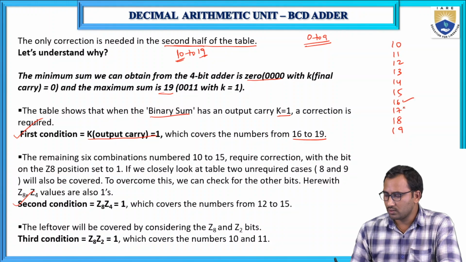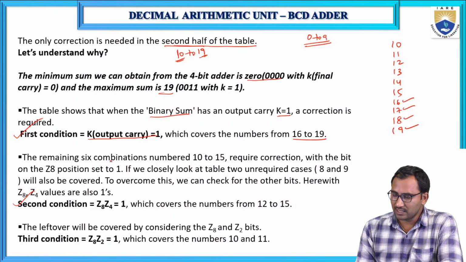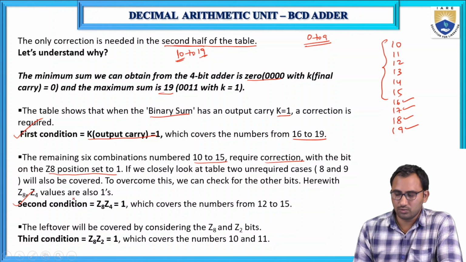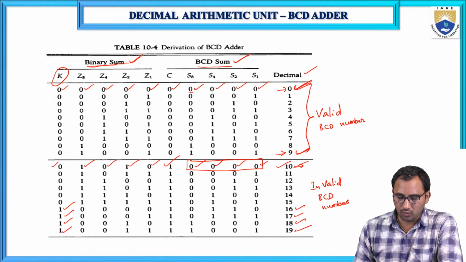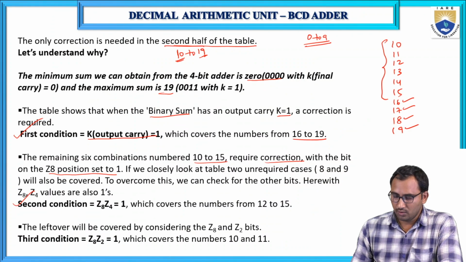The 16 to 19 are already covered in the first condition, and the remaining are 6 combinations, 10 to 15, which require correction with the bit on the Z8 position set to 1.